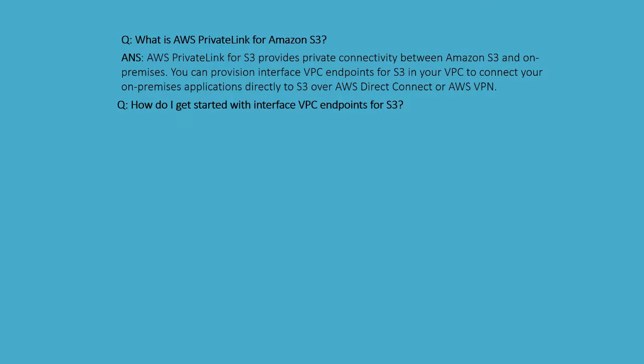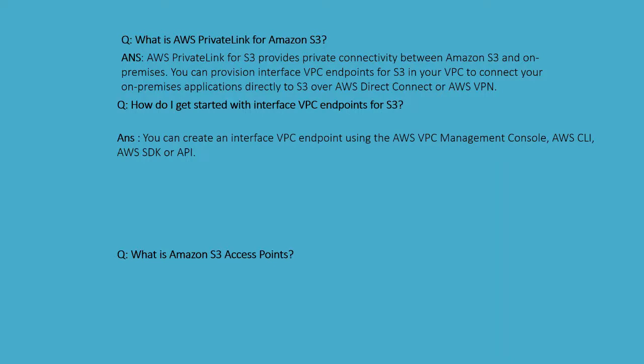How do I get started with the interface VPC endpoint for S3? You can create an interface VPC endpoint using the AWS VPC Management Console, AWS CLI, AWS SDK, or APIs.